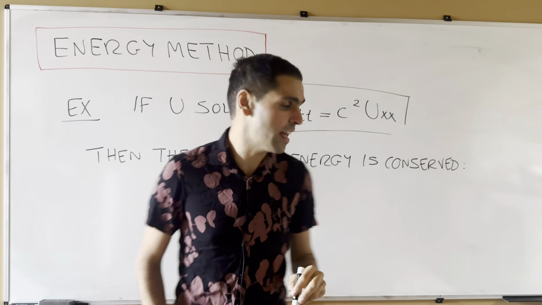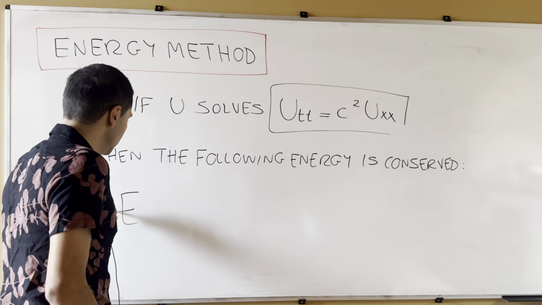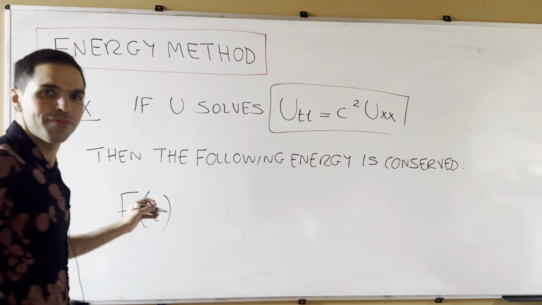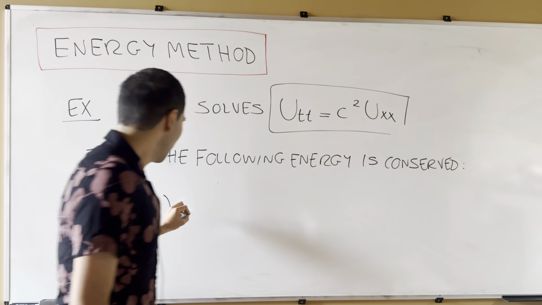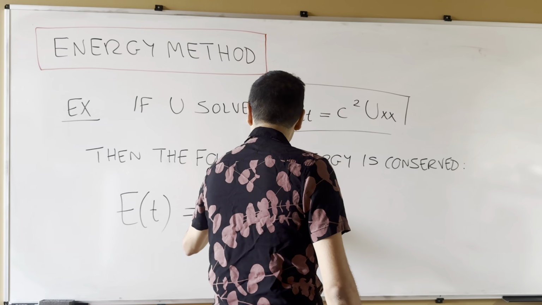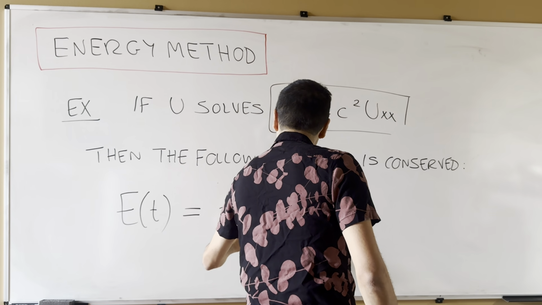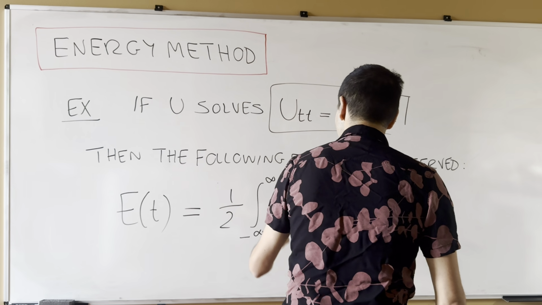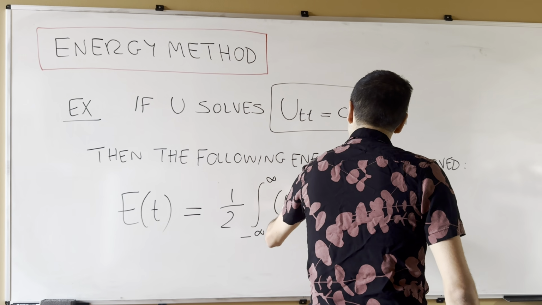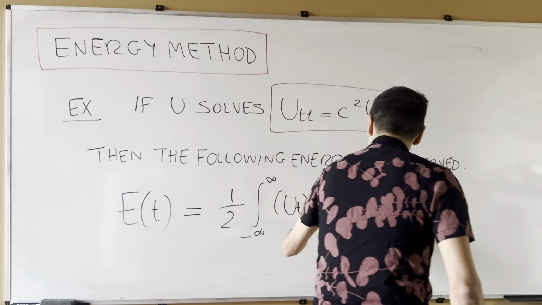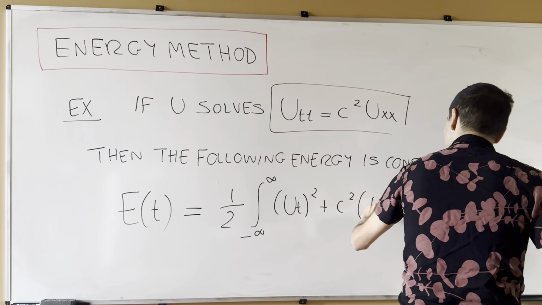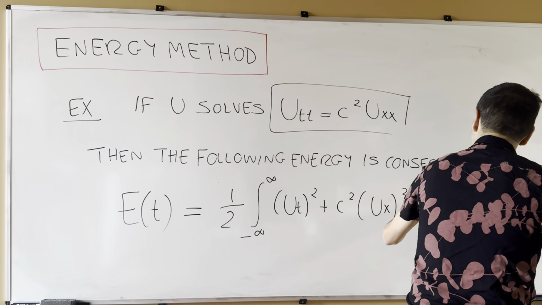Namely, in this case, we define the energy E of t as 1/2 times the integral from minus infinity to infinity of u_t squared plus c squared u_x squared dx.